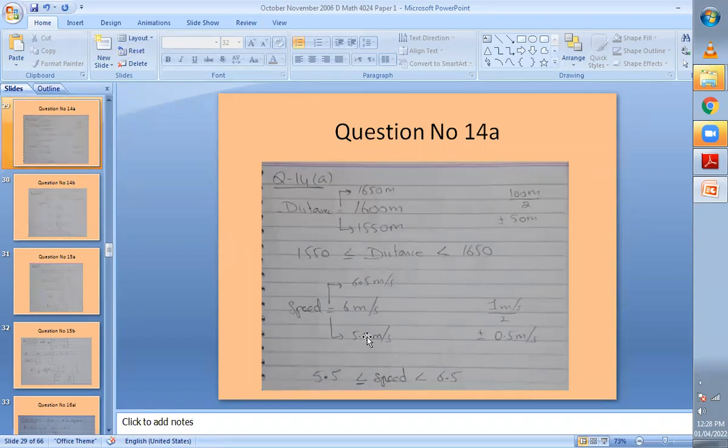So I will divide 1 meter per second by 2 and get 0.5 meters per second, plus or minus. If I add 0.5 to the main reading, I get the upper bound, and if I subtract, I get the lower bound. So you get 6.5 meters per second and 5.5 meters per second. This is how you find the upper and lower bound of the distance and speed. So the speed is greater than or equal to 5.5, but less than 6.5. This is how you do this question and write the statement.